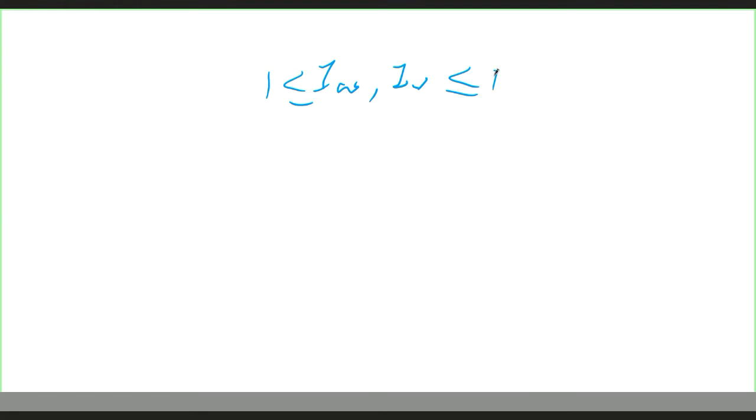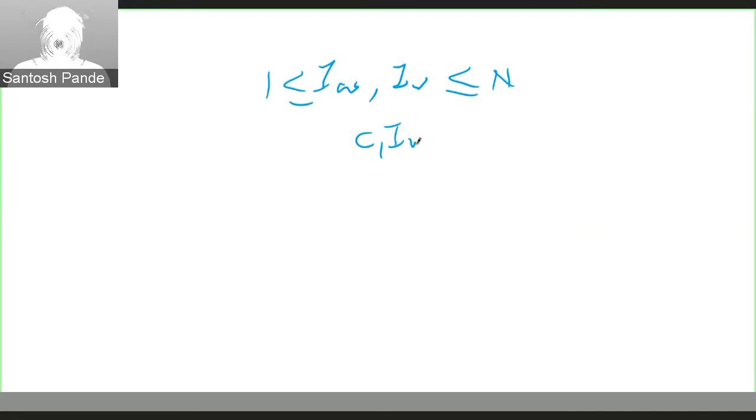So to begin with, we have IW and IR, and those are bounded, let's say, by 1 to n. And then we have some function of C1 times IW minus C2 times IR minus, let's say, some constant D is equal to 0 or not.